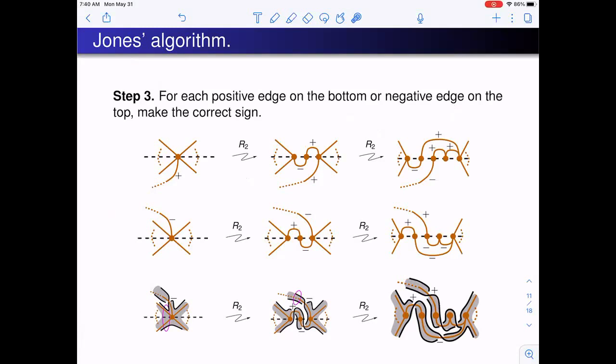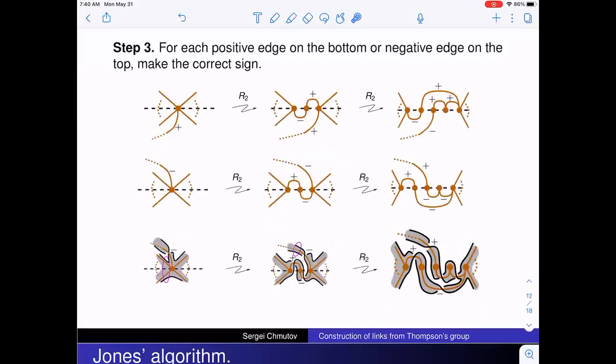So this negative edge corresponds to that crossing here, and that is a negative crossing. And then I will do Reidemeister 2 between these two branches like that. And then another Reidemeister 2 for this one, and it will turn it positive. So now everything is positive, but I have more vertices on the Tait graph. So that is how it works.